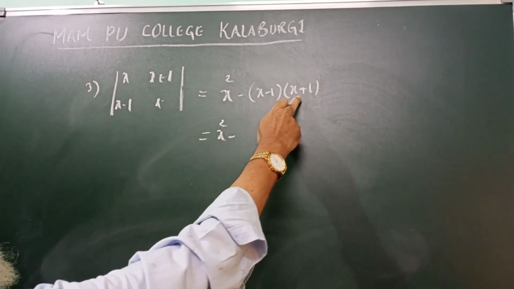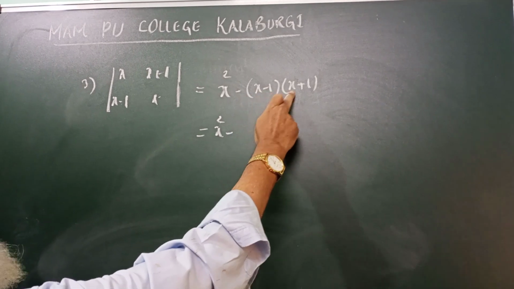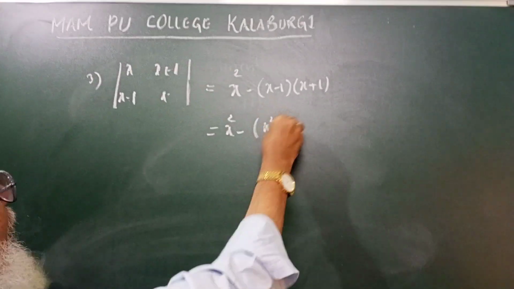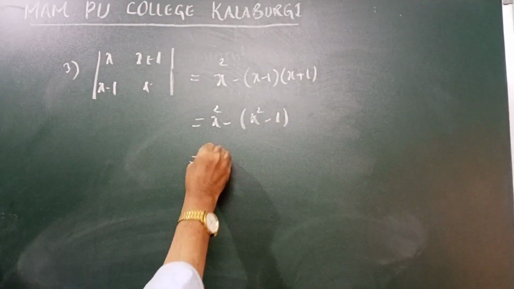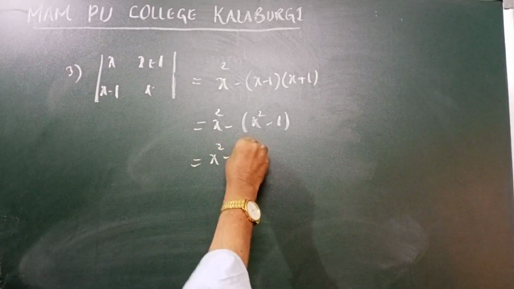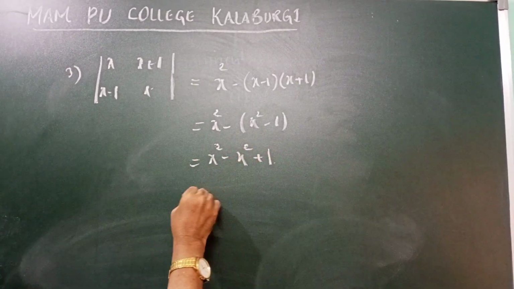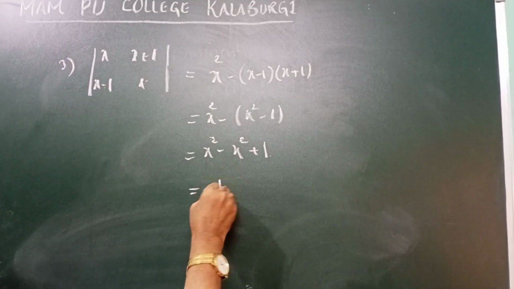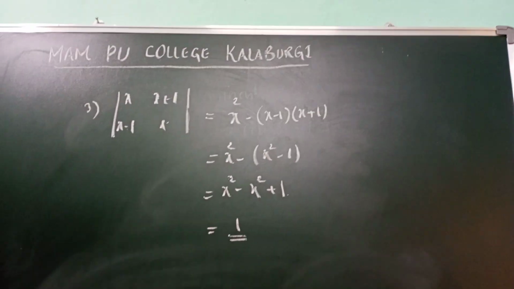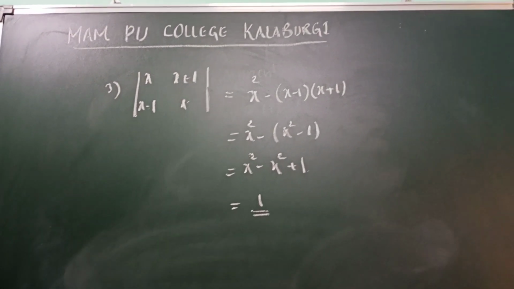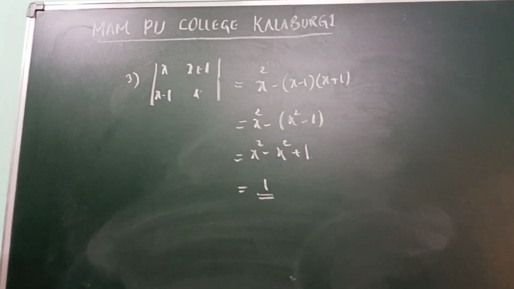We know the identity a minus b into a plus b is a square minus b square. So minus x square, minus into minus plus 1. Now minus x square plus x square get cancelled. The answer is 1. Like this, we can expand any second order determinant.